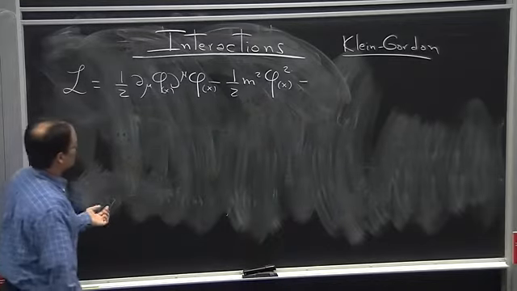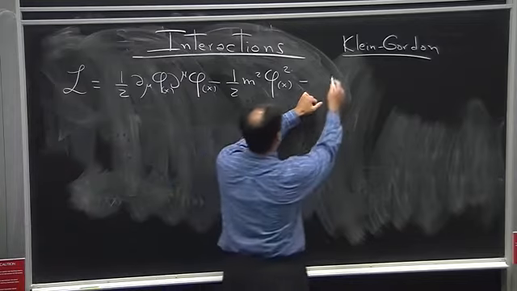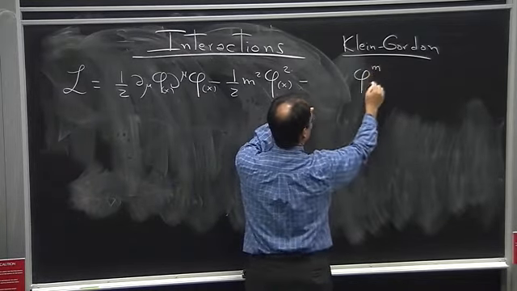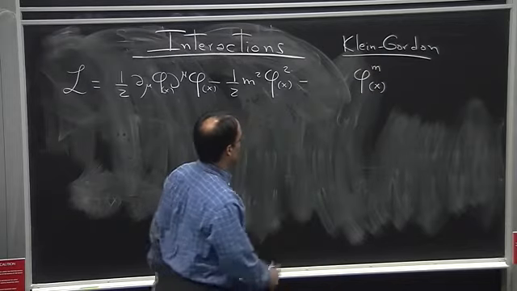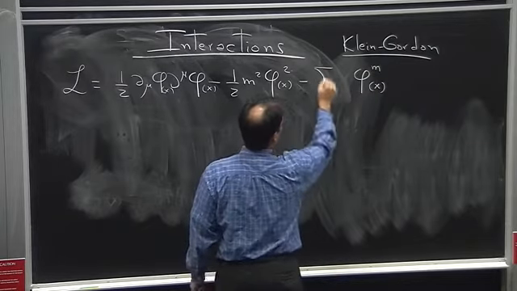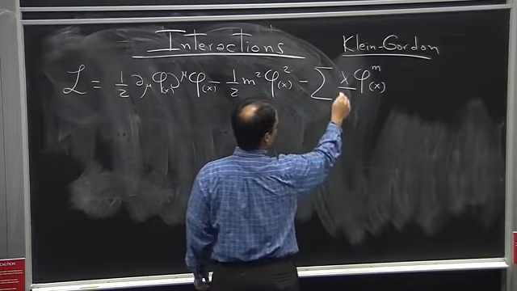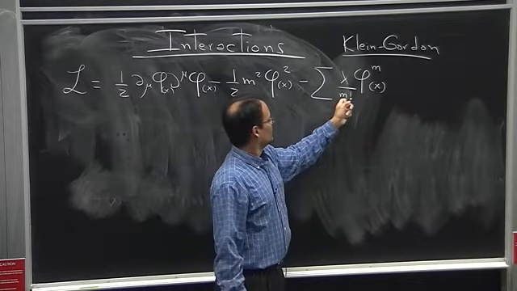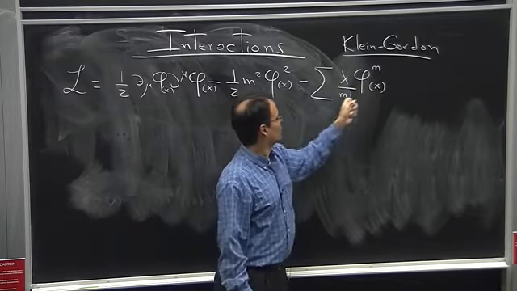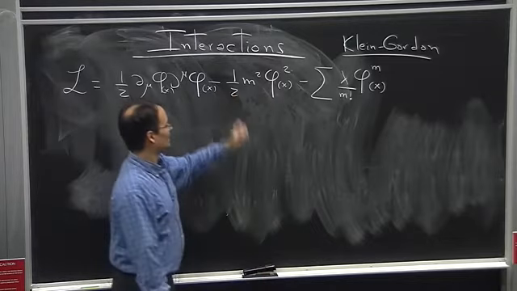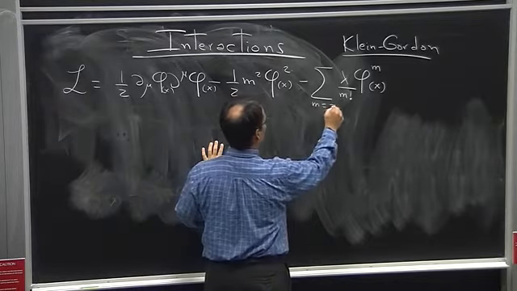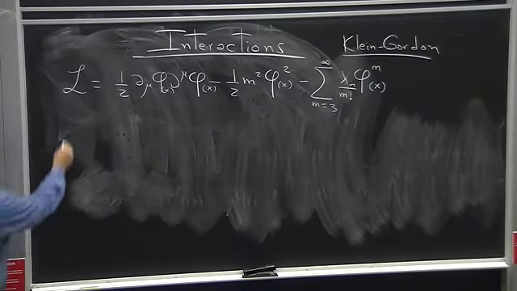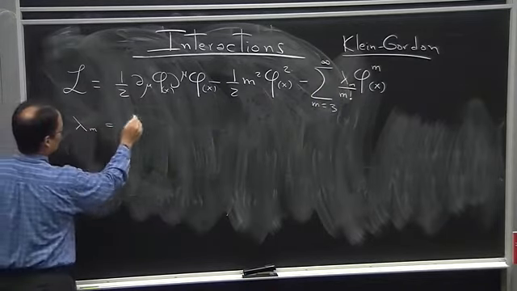To simplify our lives, we start by adding terms that are just powers of the field. By convention, and you will see that it's very convenient, people normalize this with an n factorial if you have n powers, just to match the half that you had here. These lambda n's are called the coupling constants.